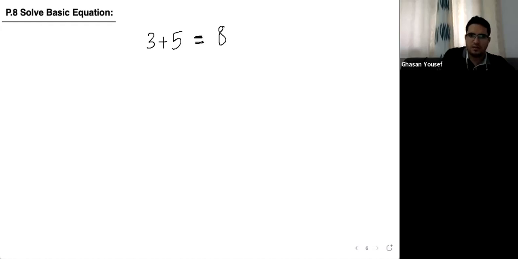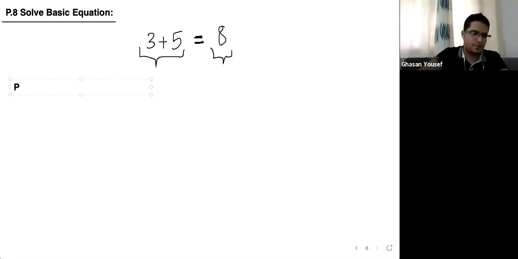So I can define equation as two statements of mathematical expression that are equal. Between these two statements there's an equal sign. About a very important property, then we move slowly by solving basic and easy equations until we reach the hard equations.